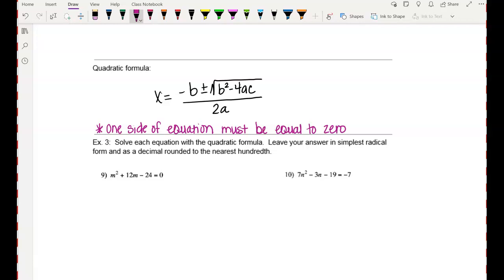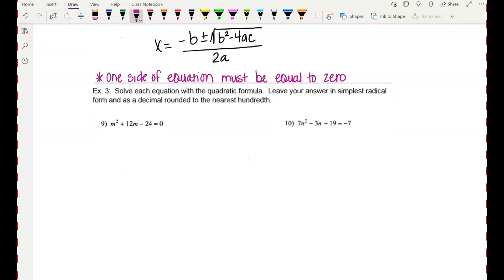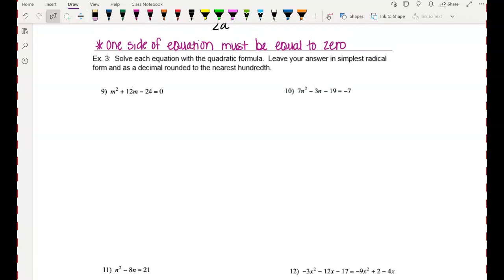So we can't pull our A, our B, and our C until we have that set. That is a part of it, so we have to remember that as we're going forward. And again, leave your answers in simplified radical form and as a decimal rounded to the nearest hundredth.